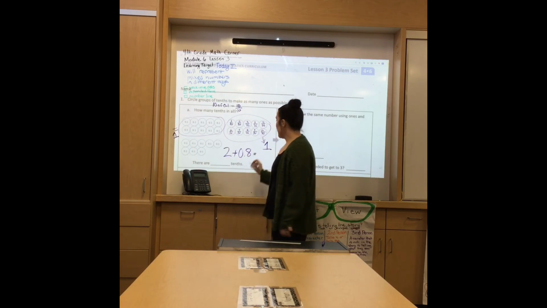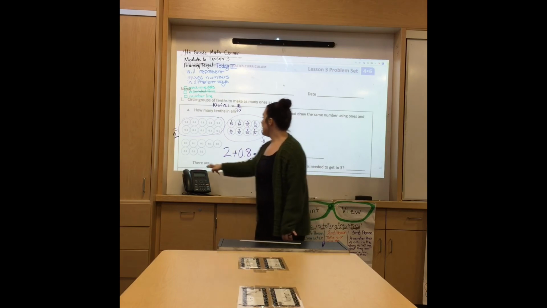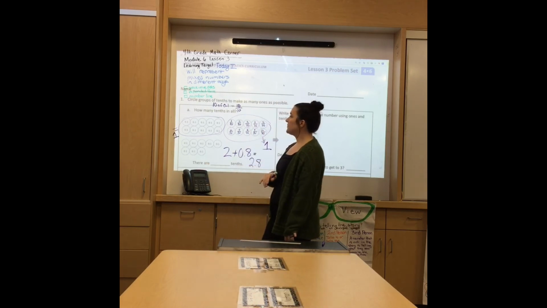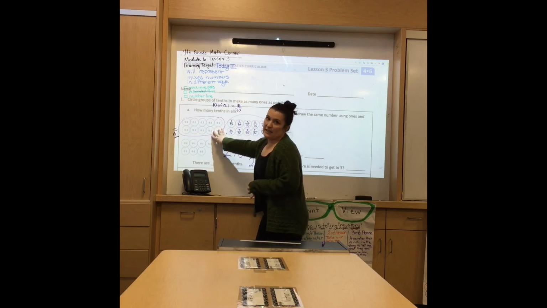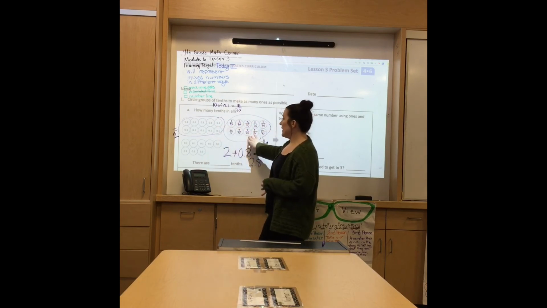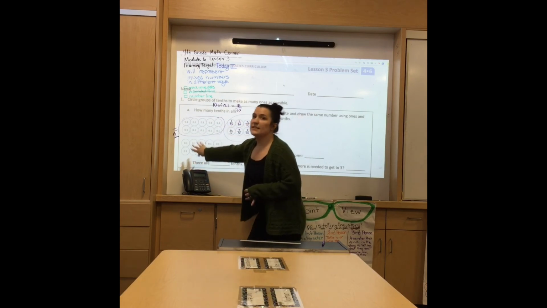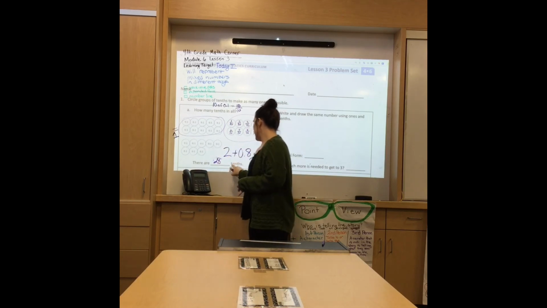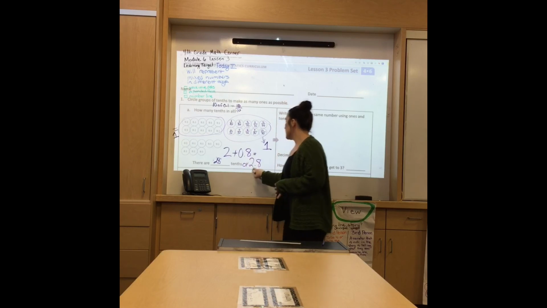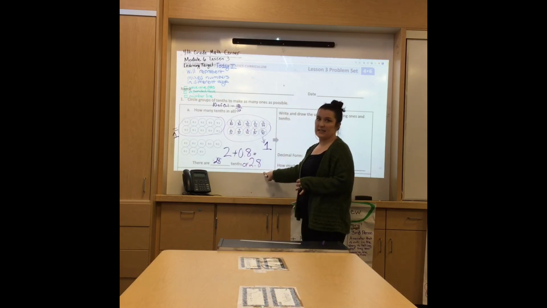Okay, so this is going to be 2 and 8 tenths. And it says there are blank tenths. Okay, if we wanted to say how many groupings of them are there, so we have 10 tenths, 20 tenths, 28 tenths. So we have 28 tenths or 2 and 8 tenths.